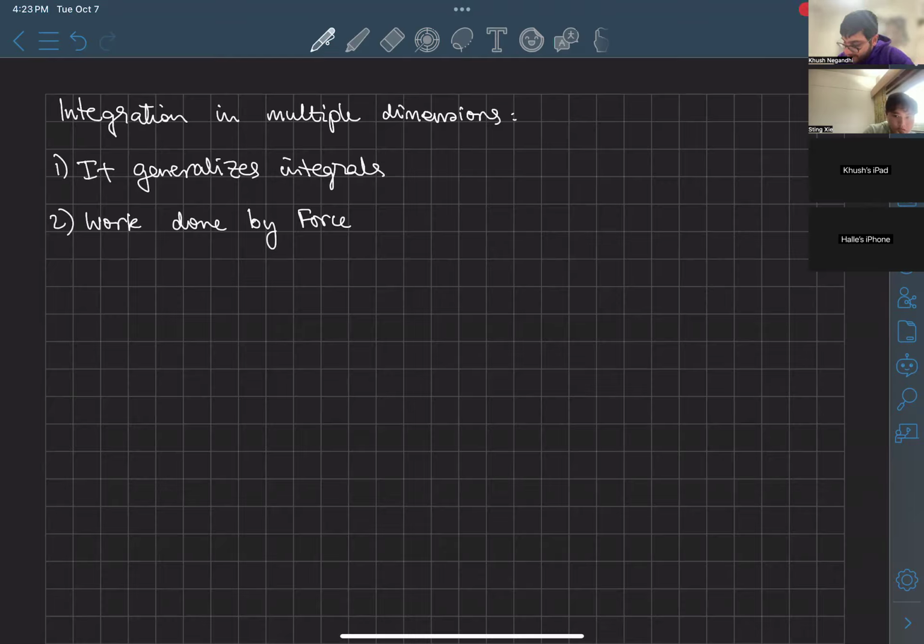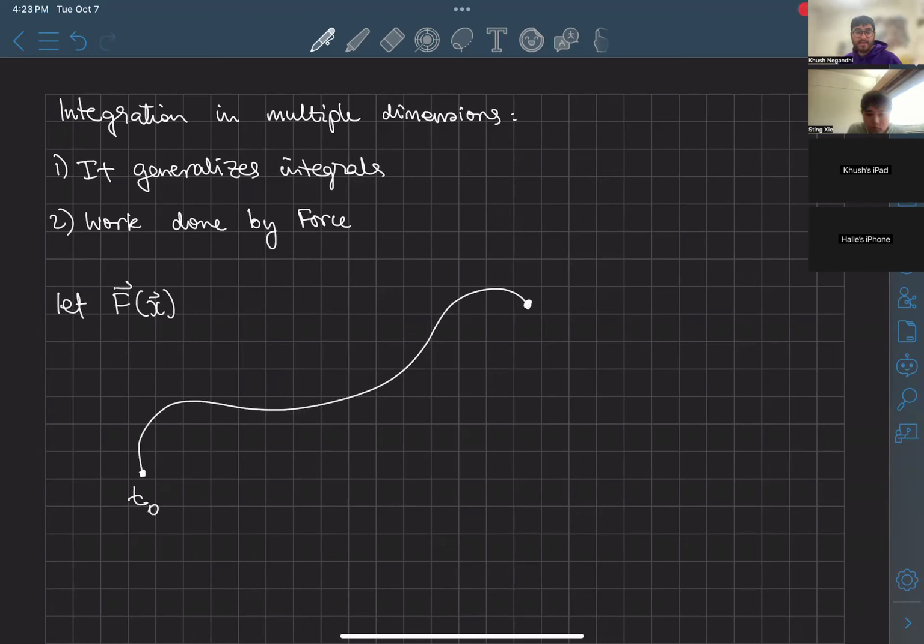So let's say the force is given by some vector function F. It takes in a position and tells me how much force there is at that point. And now say that I go like this, right? Something like that. I start here at time t equals 0 and I end here at time t equals 1.